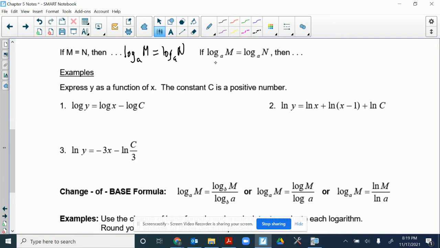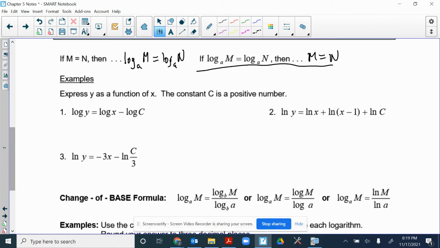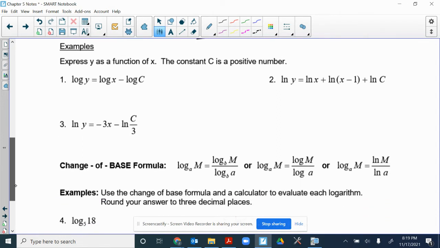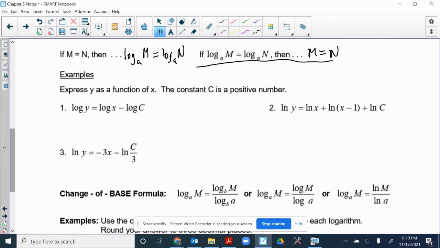And really, we're actually going to use it more so the other way, where if we know the log base a of m is equal to log base a of n, then we can cancel out the logs and say m equals n. This is what we're going to use more often than not. Yes, we could take the logs of both sides, but it's more so if we have just a log equal to a log, with the same base, you can cancel those out. So let's go ahead and keep that in mind, and we're going to go ahead into the first examples here.